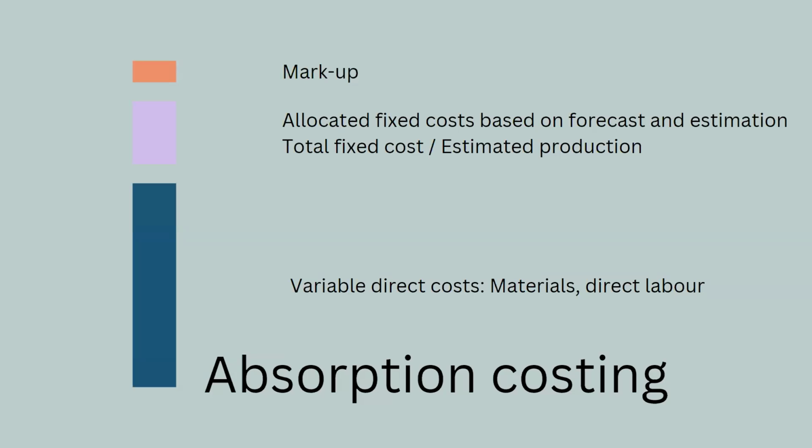The problem is they may sit there for an extended period, and that may incur additional cost. So even if you have very careful bookkeeping, the total fixed cost could be quite challenging to calculate as well, because something could not be decided yet. And the final part of absorption costing is the markup, as I said earlier.